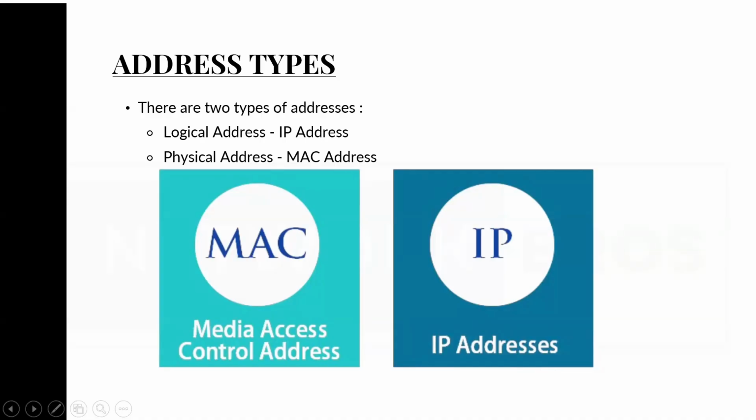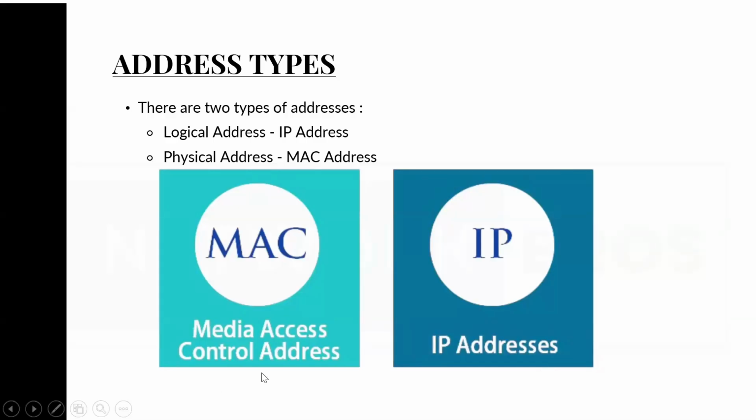Likewise, for every device there is a unique MAC address. A much easier way to say it is like an Aadhaar card number. Every person has an Aadhaar card number which is unique to that person. No one can use that number and impersonate anyone else, right? So similarly, a MAC address is an Aadhaar card number for the device.